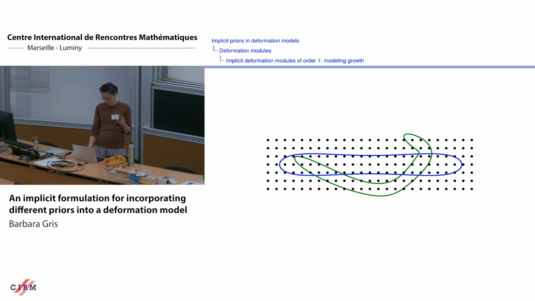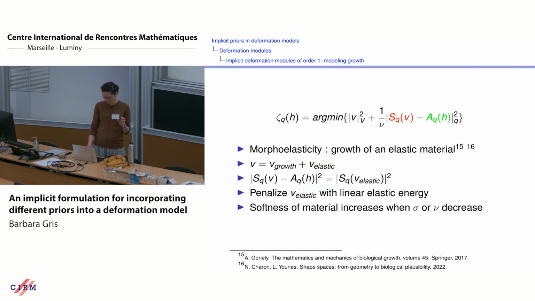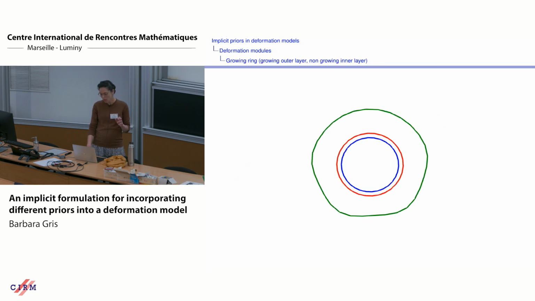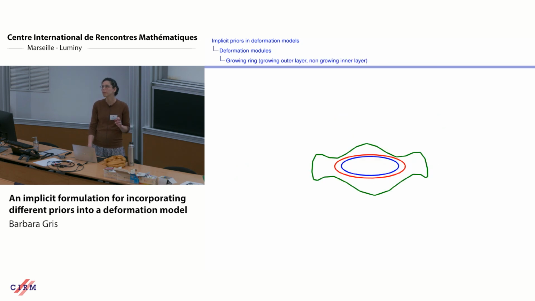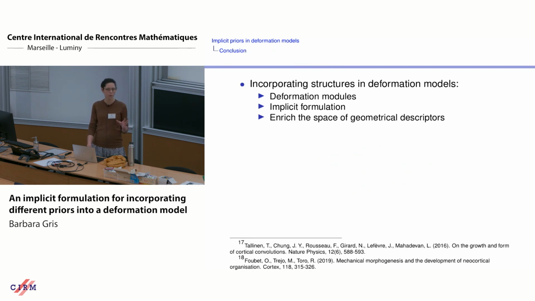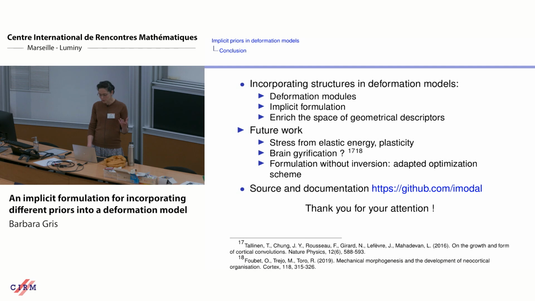But that's what I said at the end, but I'm not sure that I had time to really say it. The computational cost is higher for an implicit formulation. But the goal is to lower this cost with a new formulation, but right now the optimization is not working, and we need to design a better scheme, and we're working on it.